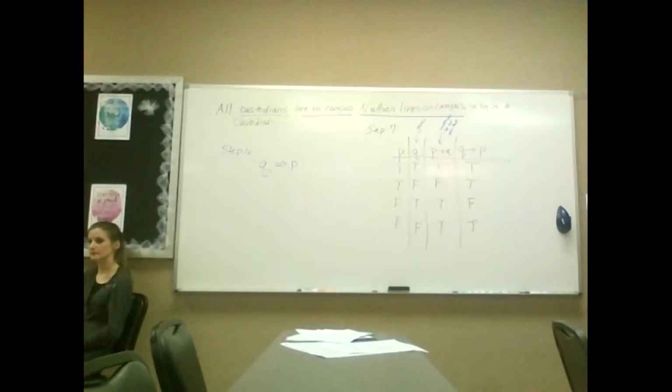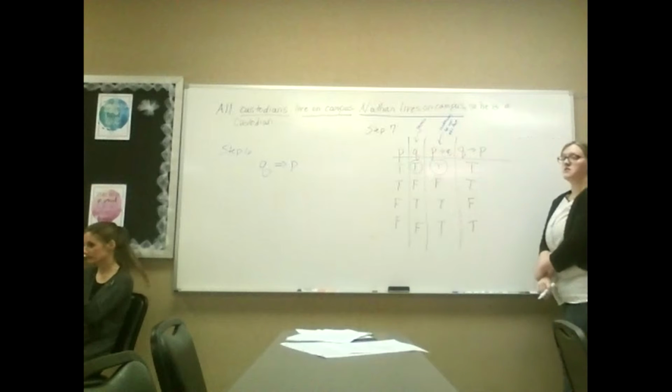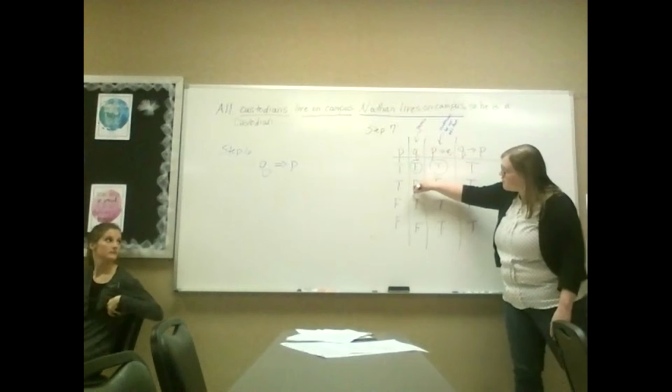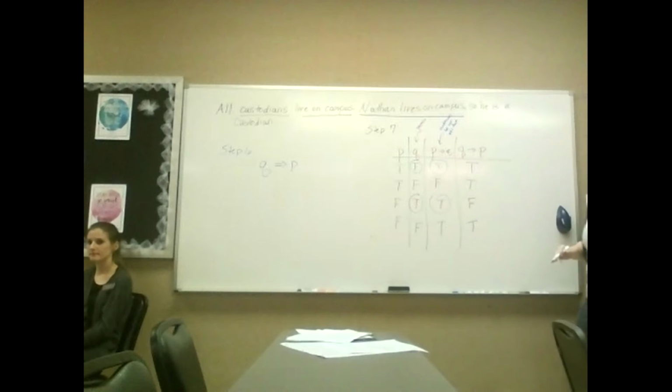You tell me, in which rows are both Q and P implies Q true? The first one and the third one. In the first, Q is true and P implies Q is true, and in the third, Q and P implies Q are both true.